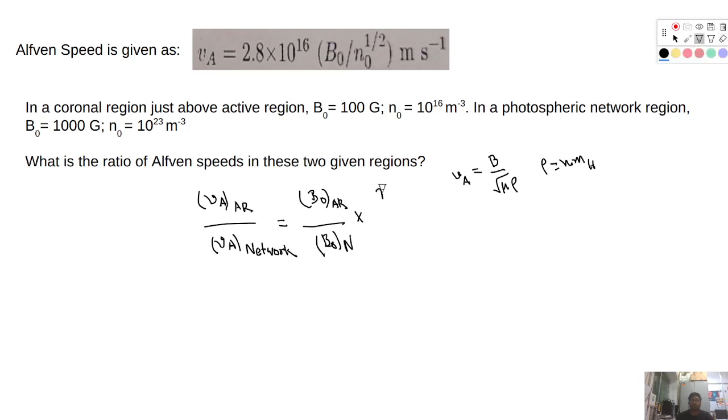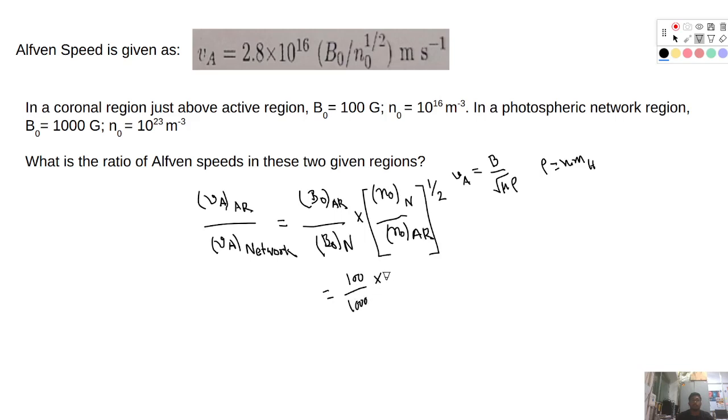So it's like n naught at N by n naught at AR, right? Now you don't need to change it to Tesla, because you are basically taking the ratio.